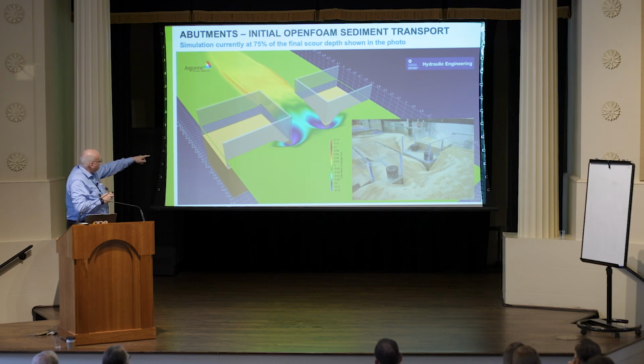We're capturing the development of the scour holes really nicely. We are capturing the slope up onto the deposit area pretty well, but then the material gets moved out of the domain and doesn't pile up correctly. This is partially a calibration issue, because we have to develop some theory here.